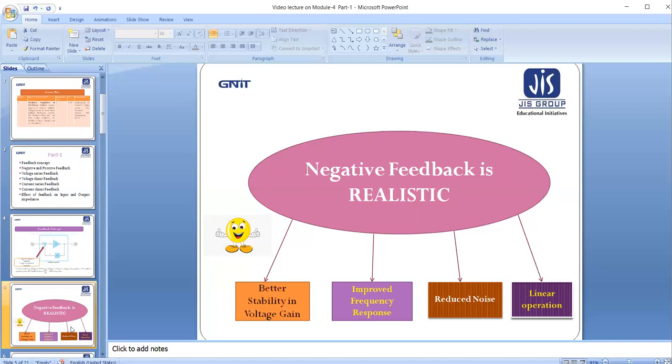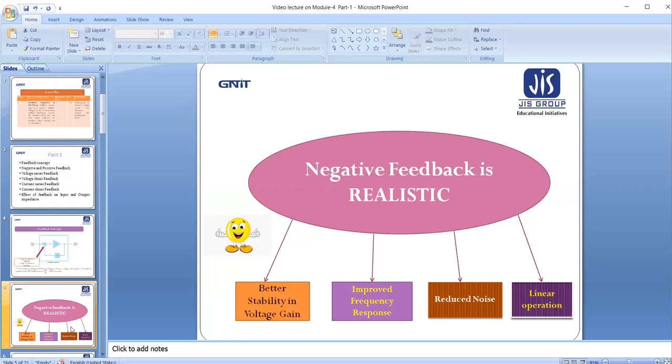Now in negative feedback, there are several advantages. One is stability in voltage gain, because the fluctuations of the actual external signal will be controlled. Improved frequency response; we will see how the frequency response will be improved in the next portions.